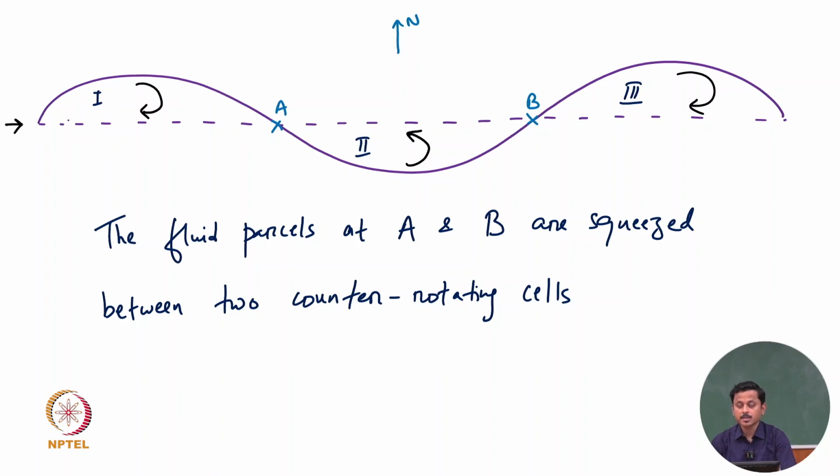And what happens if it's squeezed between two counter-rotating cells? For example, take something which is being squeezed between two moving gears, so it attains a meridional velocity. If the gears are rotating in this direction, they gain a meridional velocity in the upward direction.